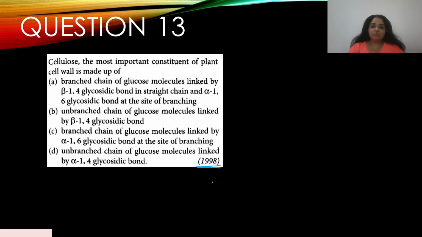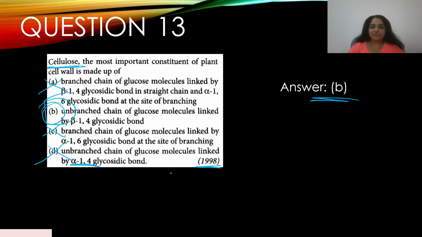C. branch chain of glucose molecules linked by alpha-1,6-glycosidic bond at the site of branching. D. unbranched chain of glucose molecules linked by alpha-1,4-glycosidic bond. So, cellulose is unbranched. A and C are out. D is also incorrect. So, it is B. The answer is B.